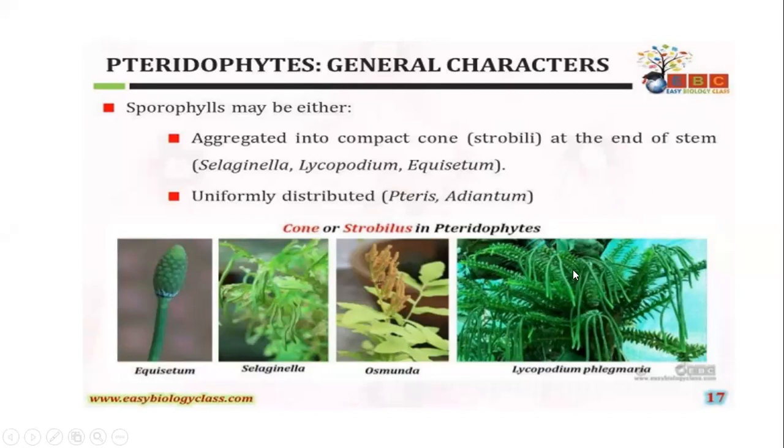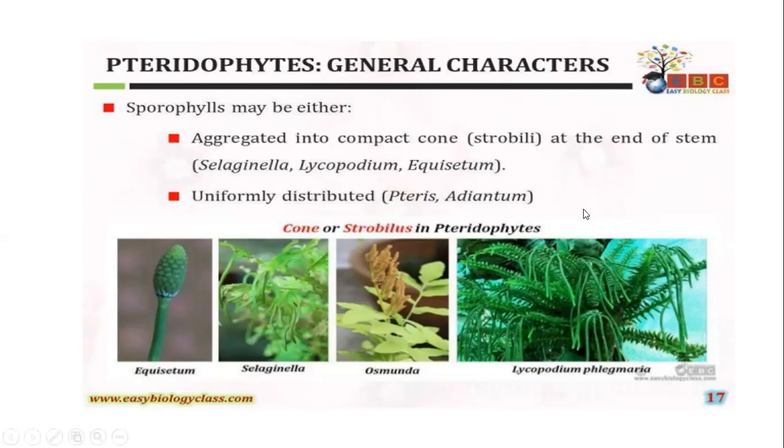And all these sporophylls are aggregated and compactly arranged together, forming a specialized structure, which we call the strobilus or the cones. So this is a peculiar and specialized character of the pteridophytes.